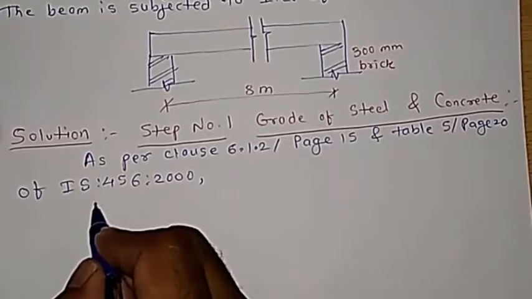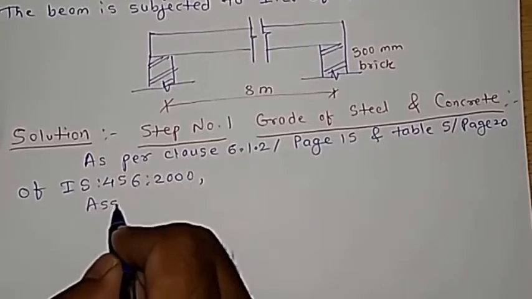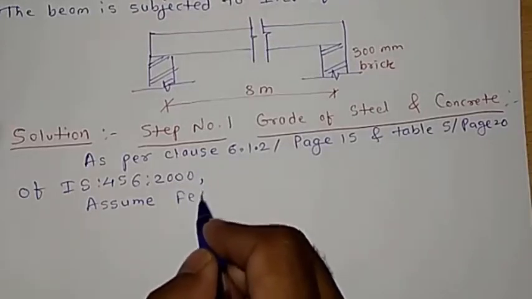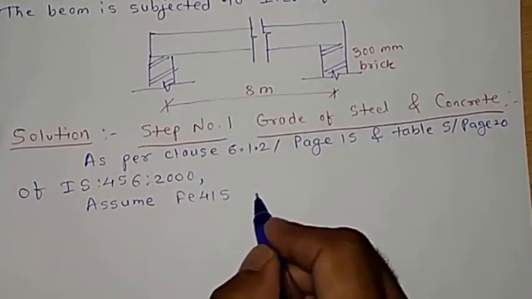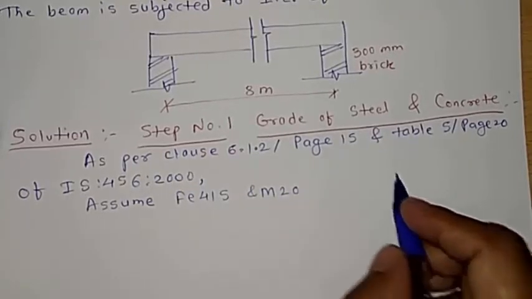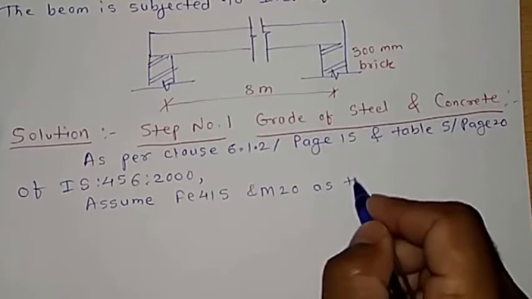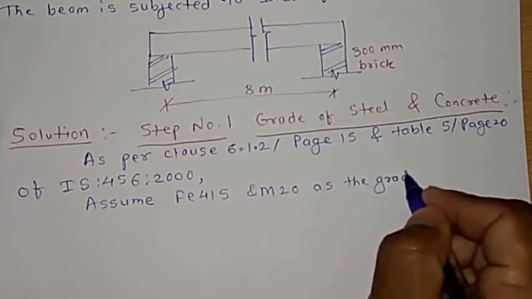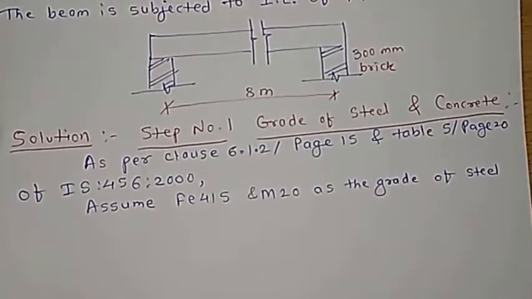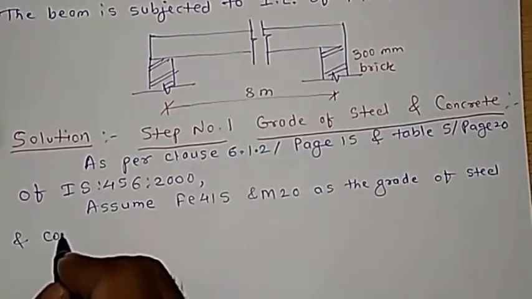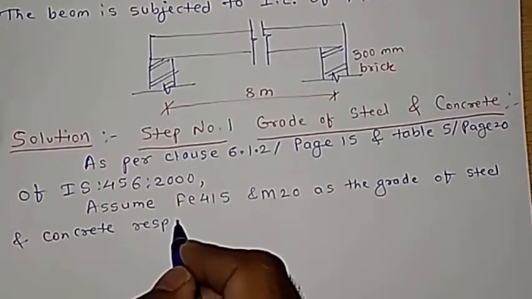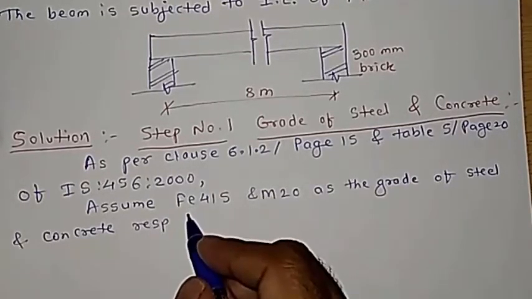So assume Fe 415 and M20 as the grade of the steel and concrete respectively.